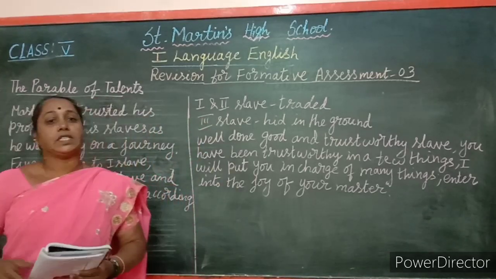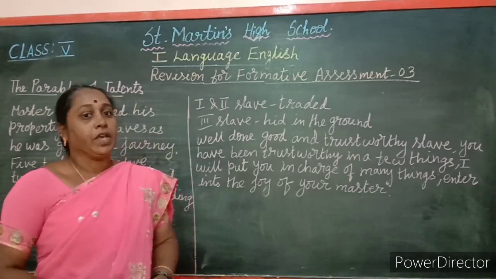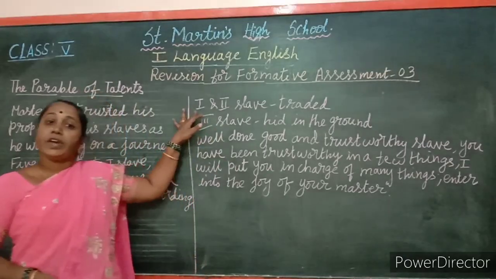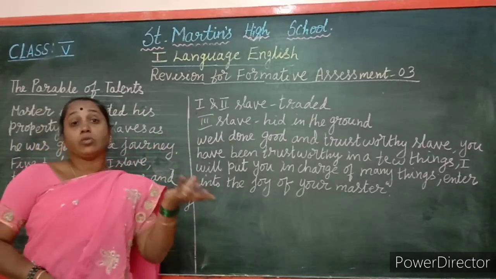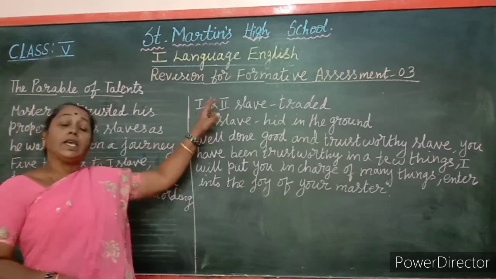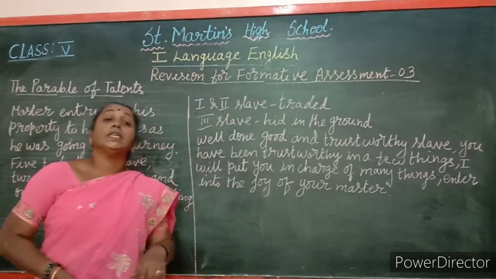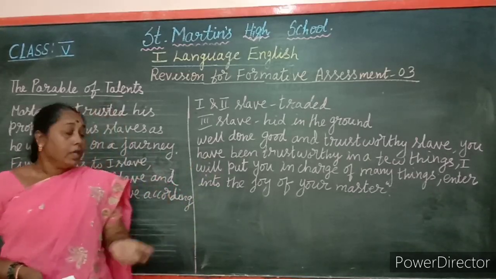They used these talents, they traded with them and they made more. The first slave, who received 5 talents, traded with that and made 5 more talents. Now altogether he had 10 talents with him. The second slave used those 2 talents, he traded and made it 4 talents. That means he made 2 more talents.